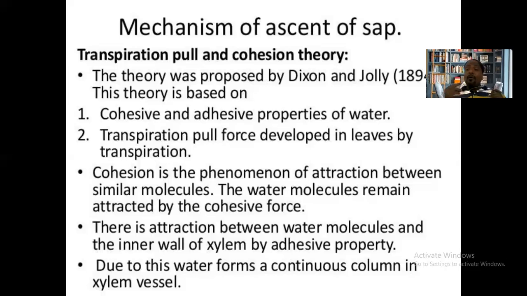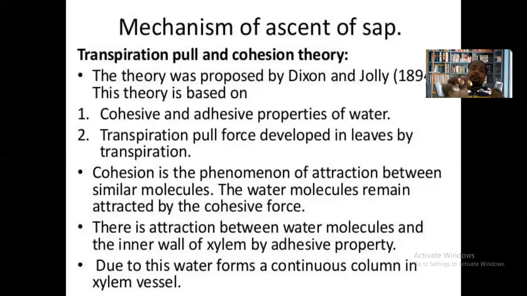We all know the cohesion phenomenon. What is the cohesion phenomenon? It is the phenomenon where two molecules are attracted towards each other by a particular force, what we call the cohesive force. But these two molecules are of a similar type. So similar types of molecules are attracted to each other with the help of the cohesive force.